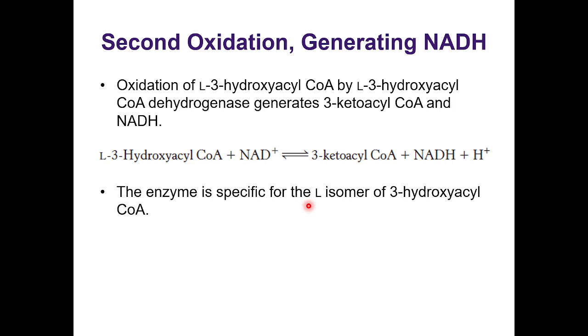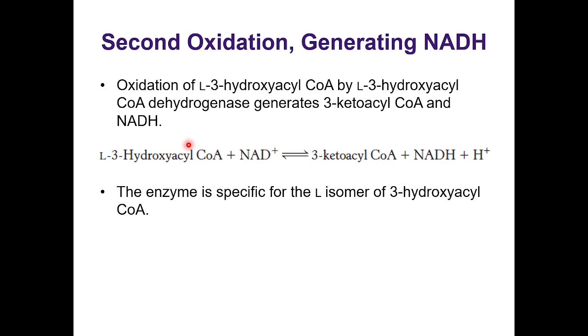So the oxidation of our L-3-hydroxyacyl-CoA by the L-3-hydroxyacyl-CoA dehydrogenase, I know the naming is just wonderful, but incredibly repetitive, which is beautiful. This generates the 3-ketoacyl-CoA and NADH. And so we get rid of our chirality, we get rid of our isomerization.